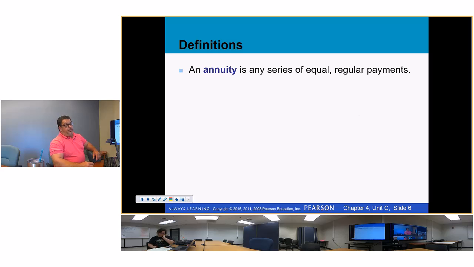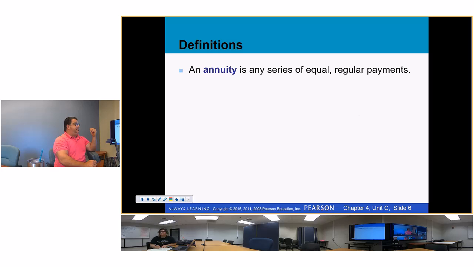Okay, write down annuity. What is an annuity? Any series of equal regular payments. How do you know about equal regular payments? Somebody tell me how everybody in here knows about equal regular payments. Two things that everybody is paying: a house or car. A car, and a house or an apartment or whatever the case may be.